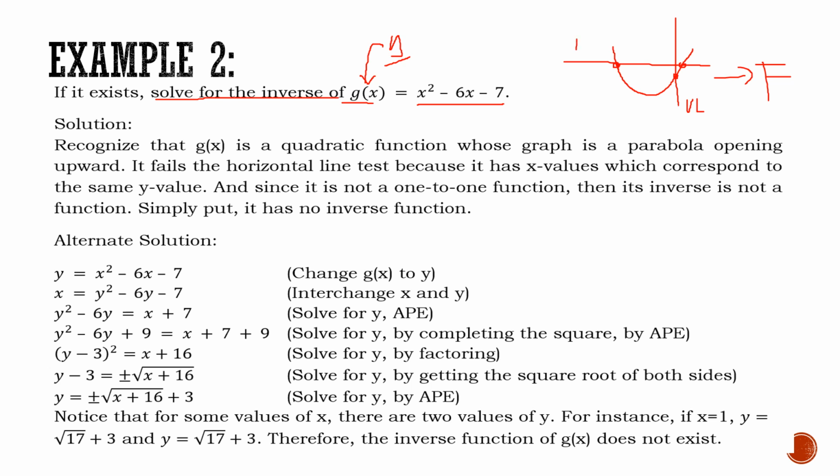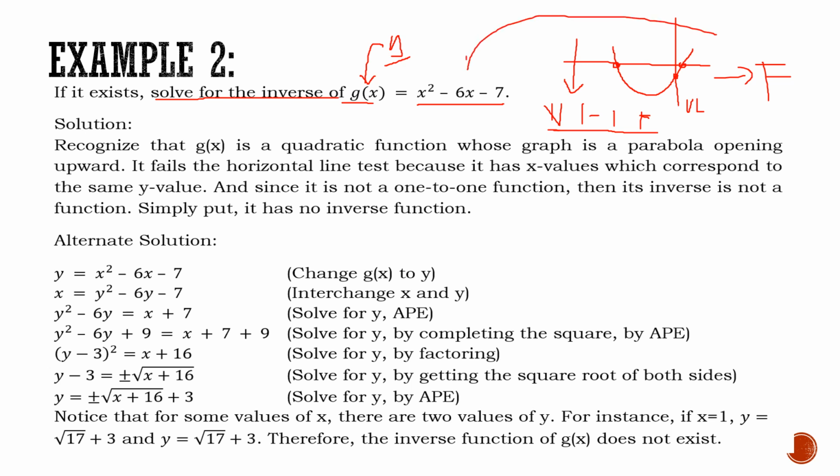There are 2 points of intersection between your graph and your horizontal line. That's why it is not a one-to-one function. So this is not a one-to-one function.